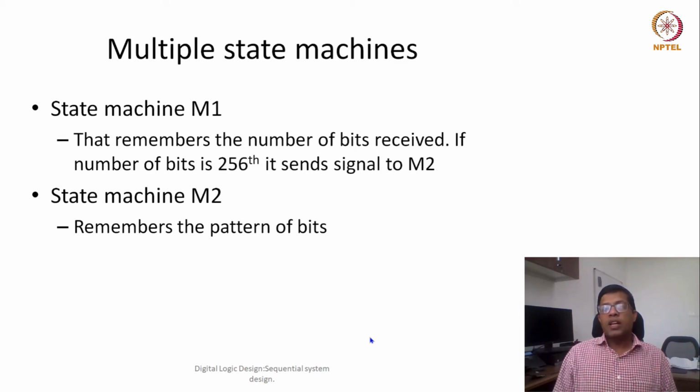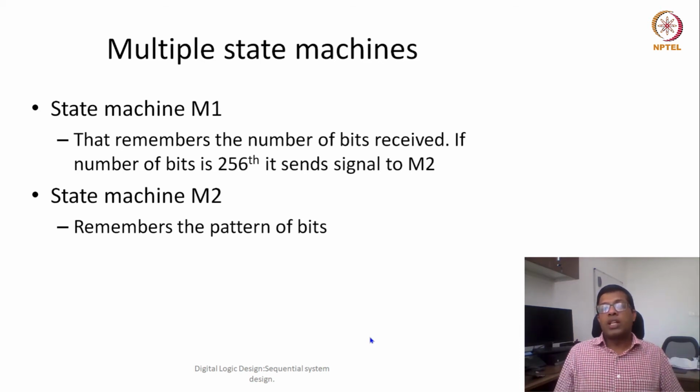In this case, this M1 state machine, which is saying how many bits have been received, when the last bit or 256th bit is received, at that time it has to send a signal to M2.